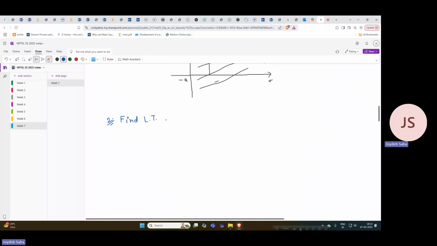Laplace transform of x(t) is equal to minus e to the power minus at u of minus t.